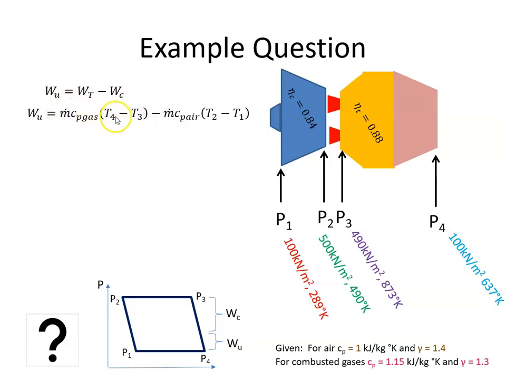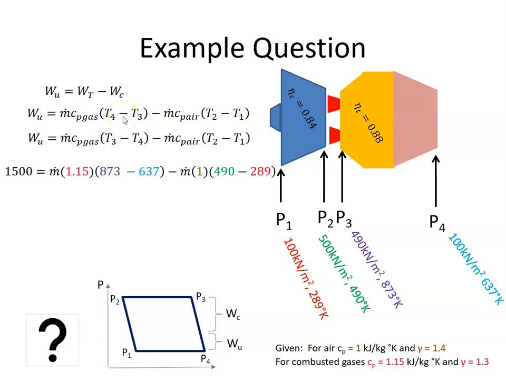This is going to give me a negative value, so I need to take the absolute value of this. Okay. So an easy way to get the absolute value is just to put the bigger value first. So this is going to be a larger one. So this is 873, and this is the 637. So that's going to be a positive value.